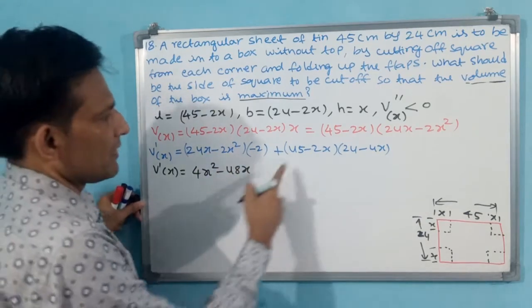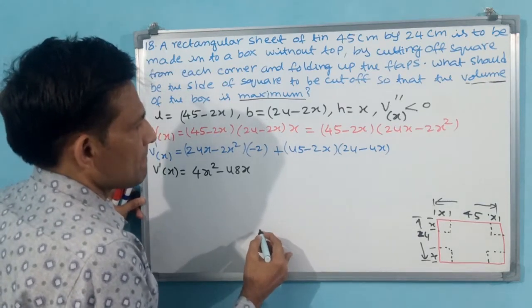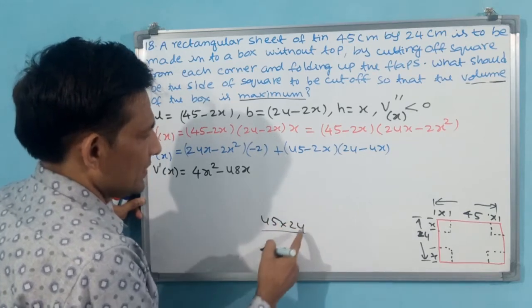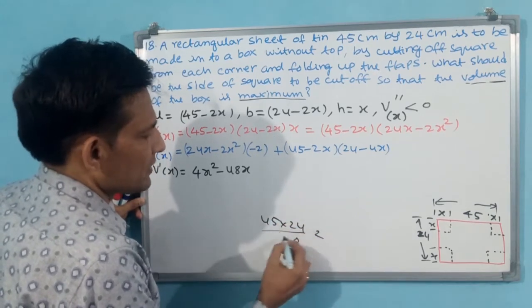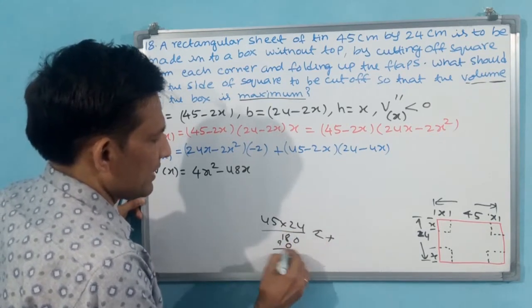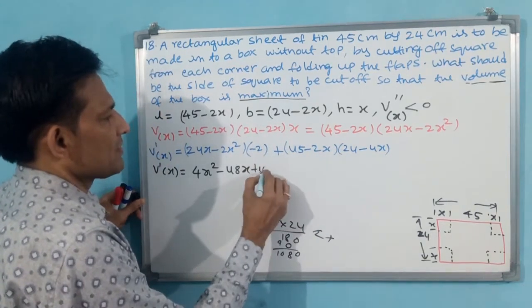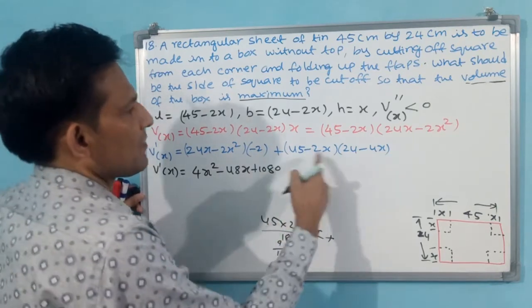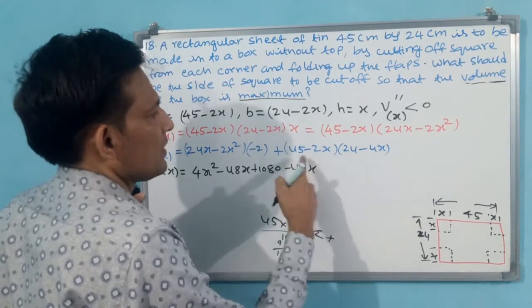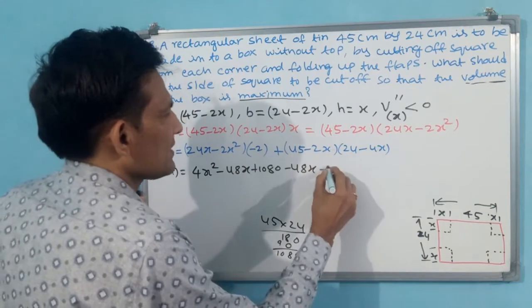Now multiply 45 into 24: 4 5s are 20, 4 4s are 16, 18, 2 5s are 10, 2 4s are 8 plus 1, 9. So 1080, plus 1080. Afterwards minus 48x, with the minus 4x. 45 2s are 90, 4s are 180, minus 180x.